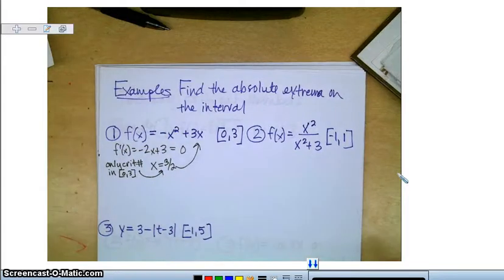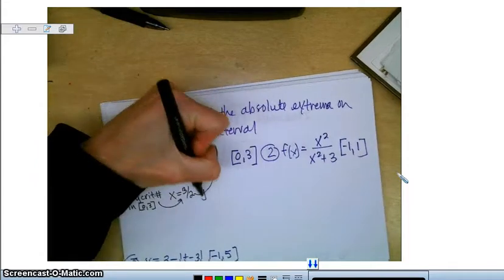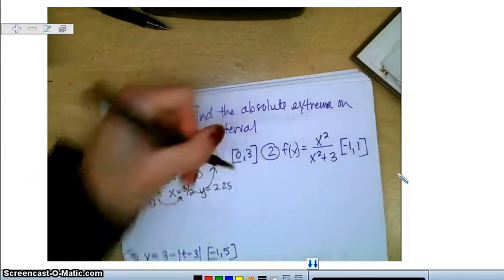So if I put 3/2 into the function, just do it on your calculator, negative, begin parentheses 1.5 squared, and then plus 3 times 1.5, and you get 2.25. So the y value that goes with that is 2.25.